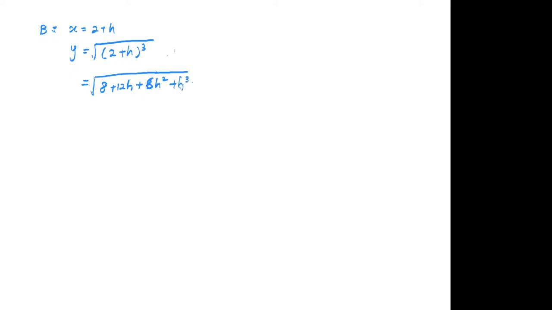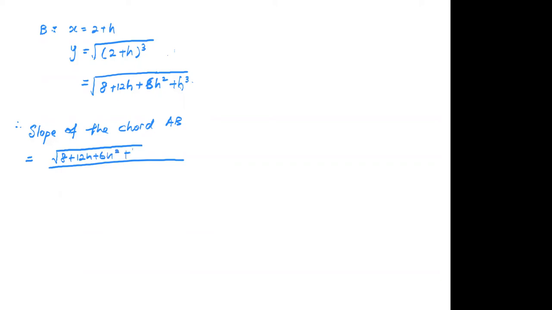Okay, therefore, the slope of the chord AB, you just do like that. By doing this correctly, you get 2 marks already, even if you didn't expand, correct?